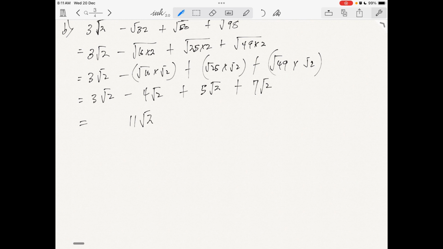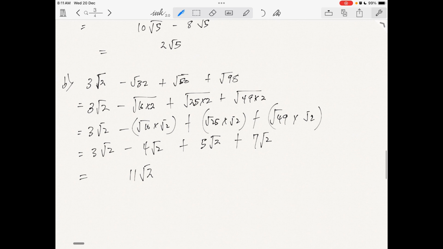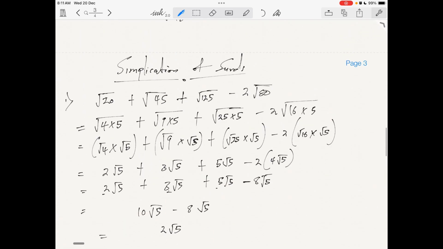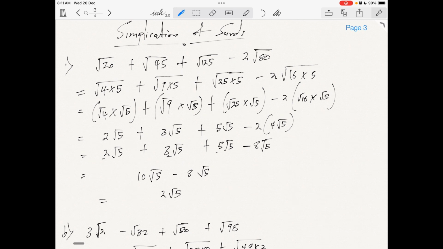So before we go further, we have done simplification of surds and we've talked about addition and subtraction of surds. We reduced it from the complex form down to the basic form in terms of root 2 or root 5.